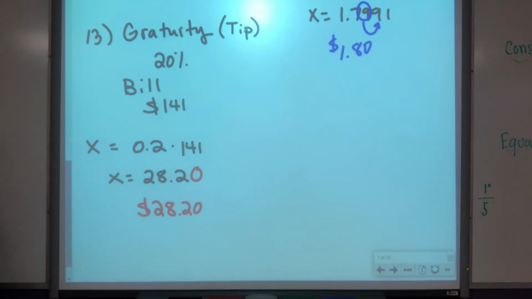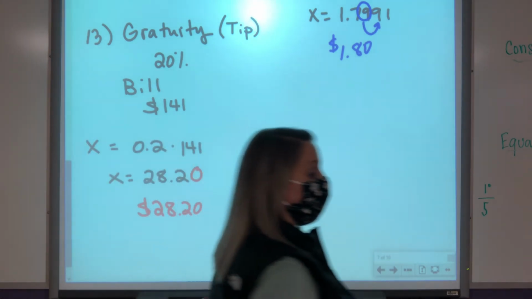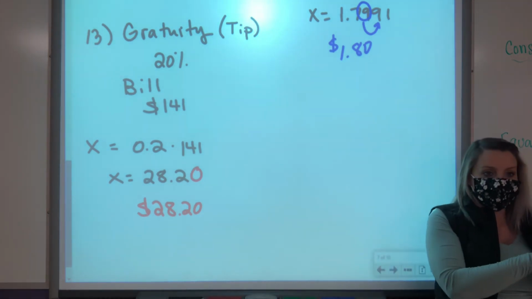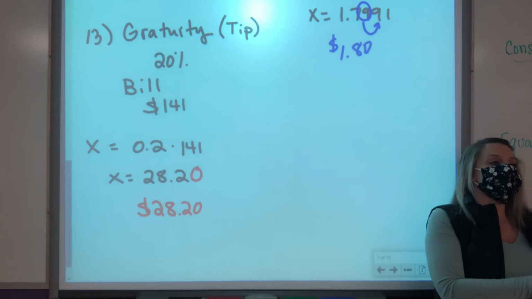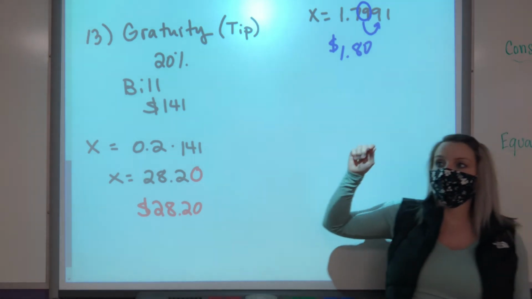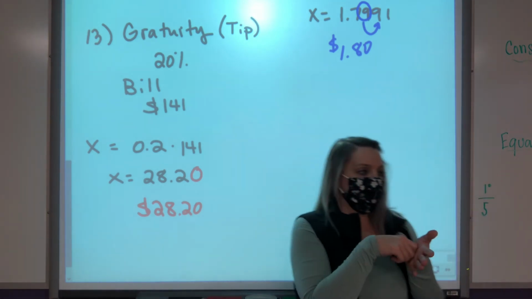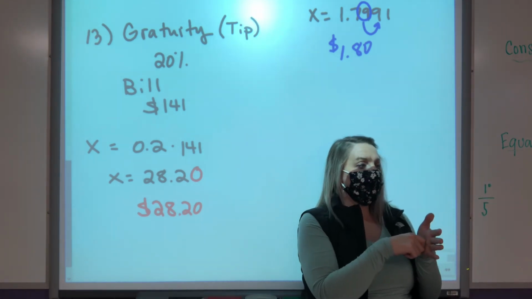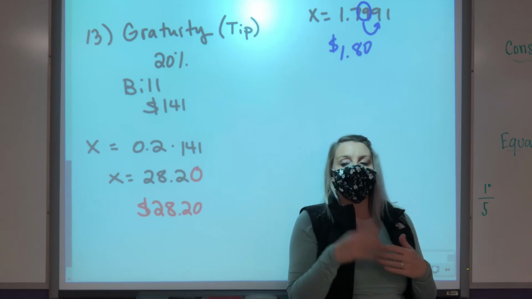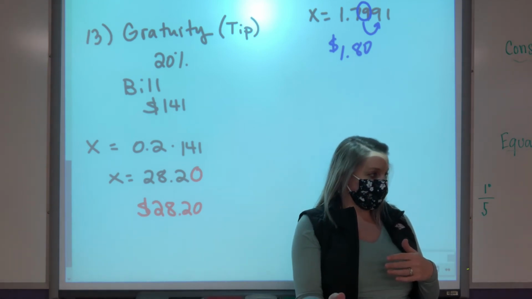Now that is something that you might leave separately, right? If you are going to be a server, you give the party that you're waiting on the bill. Sometimes the party will write your tip down on the piece of paper on the receipt, and then it's automatically run through their credit card.